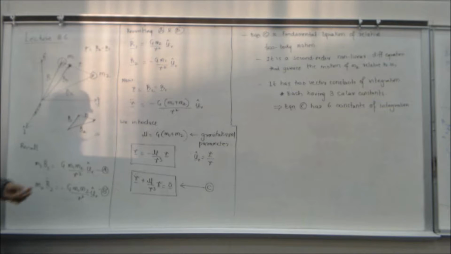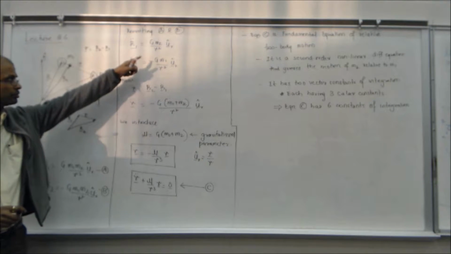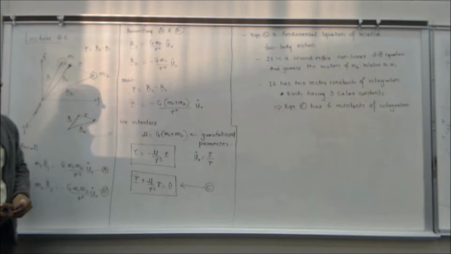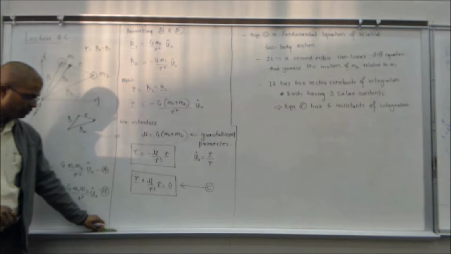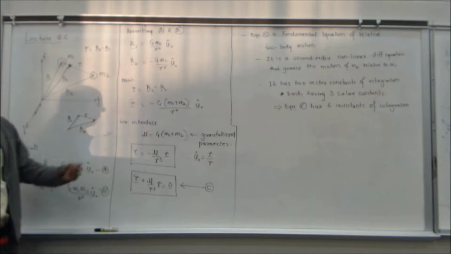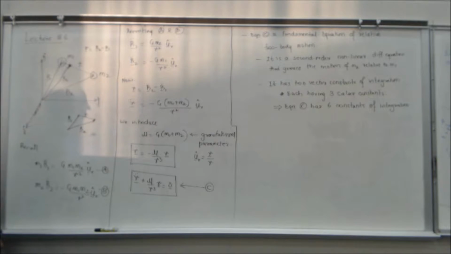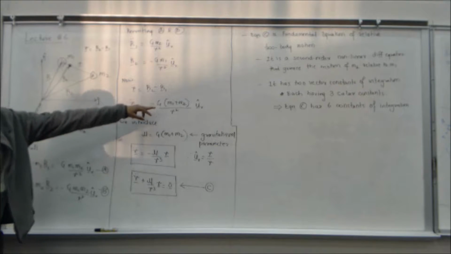Okay. So you have this, and if I just substitute R2 double dot and R1 double dot, you're going to end up with this. We introduce the gravitational parameter for a given system of two bodies. This is going to be constant, right? G, M1, M2.